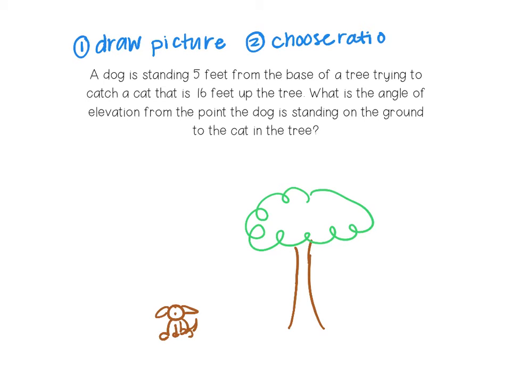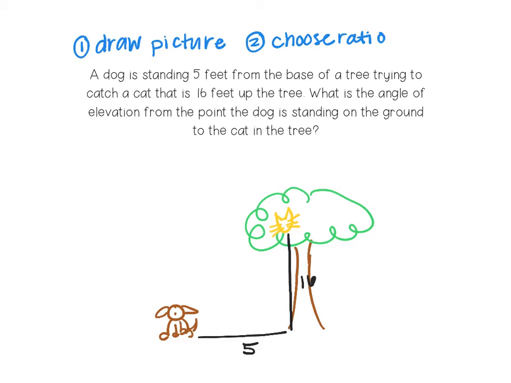So I know that this is 5 feet. And he's looking up at a cat that's in the tree. And the cat is 16 feet up in the tree. And we want to know the angle of elevation.